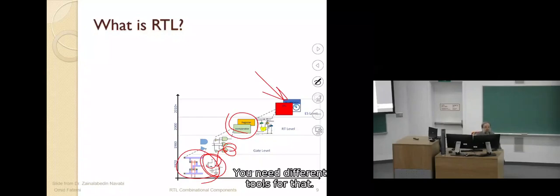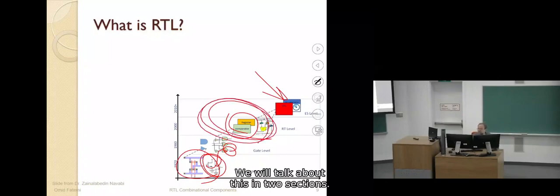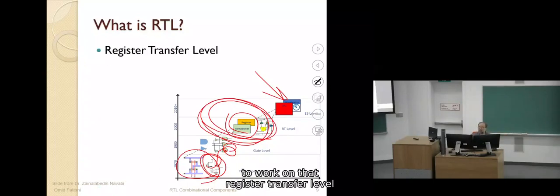You need different tools for that. In our course, we will talk about this in two sections. First, the combinational section. Then we go to the sequential section. Okay? So this is how we are going to work on the register transfer level. It is some kind of higher level than gate level, but lower level compared to system level.